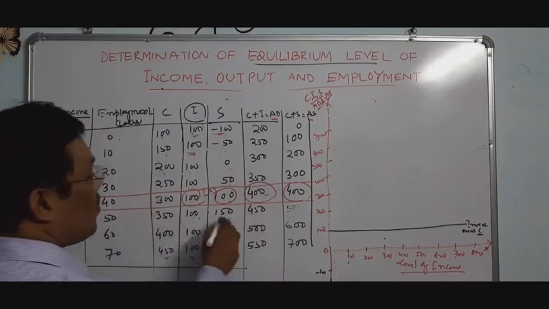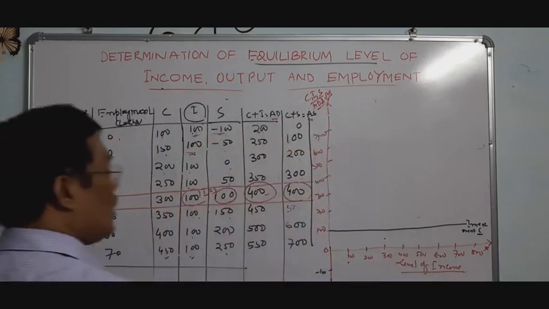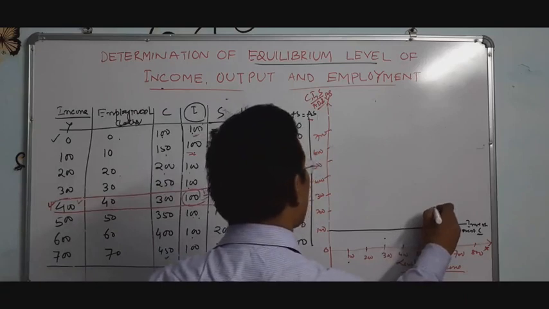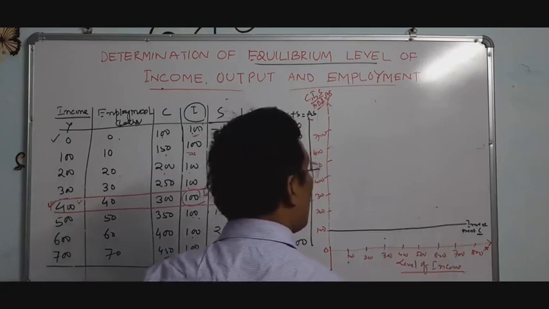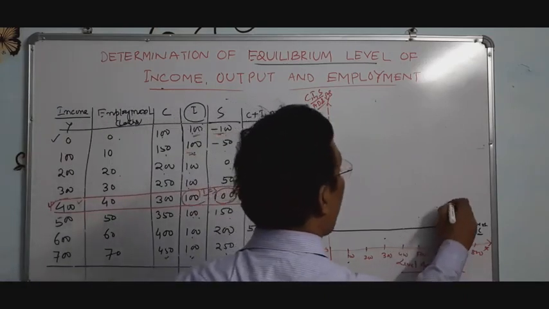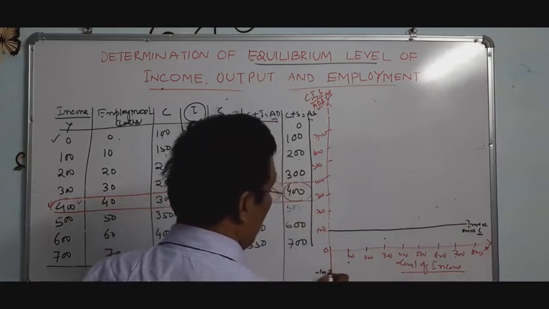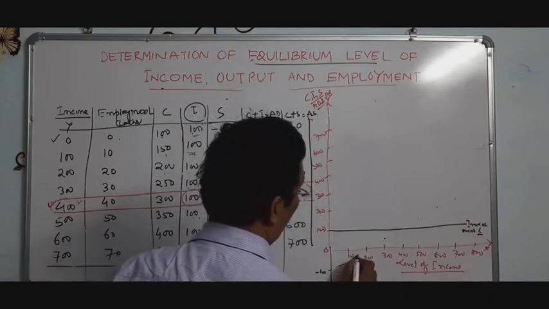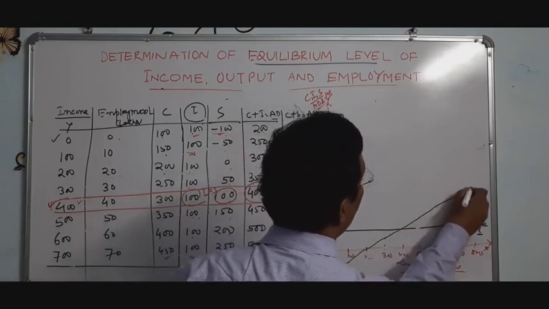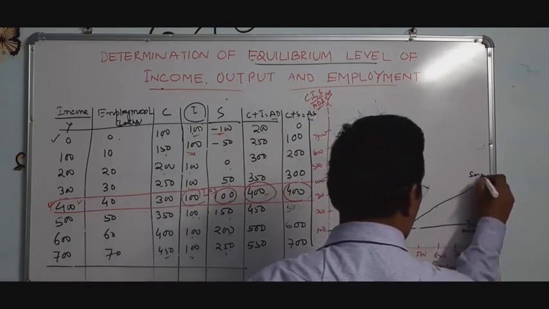At 500 level of income, saving is 150. At 600 level of income, saving is 200. At 700 level of income, saving is 250. It means the curve goes upward. This is called the saving curve.